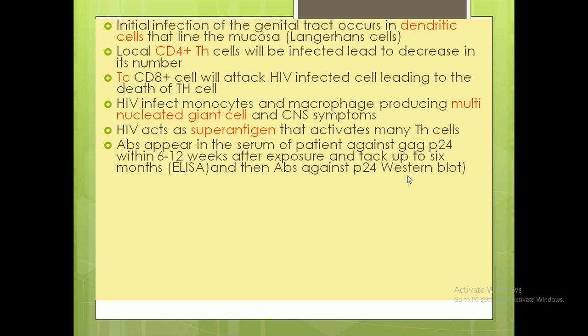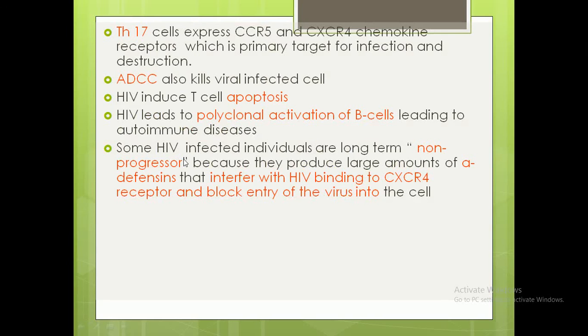So at the initial infection with the virus, there is no increase in antibody until after 6 to 12 weeks. T helper 17 cells will also express CCR5 and CXCR4 chemokine receptors.